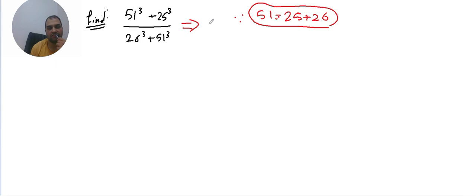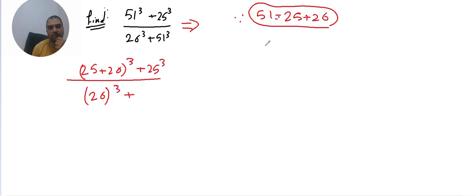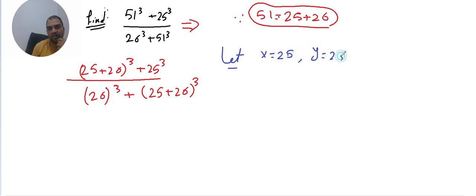So I put the value of 51 here: 25 plus 26, cubed, plus 25 cubed. Now we have 26 cubed plus 51; cancel 51 and write 25 plus 26 all to the power 3. In this example, let the value of x be 25 and the value of y be 26.